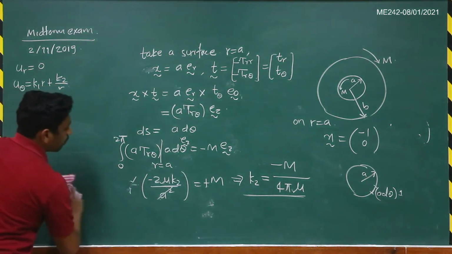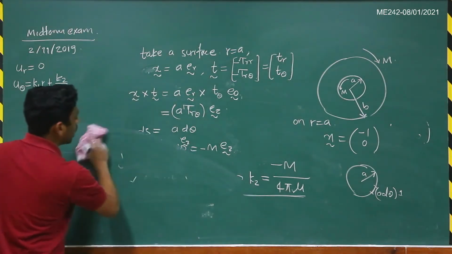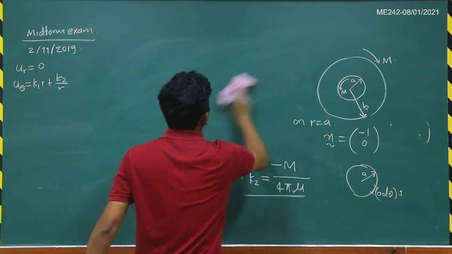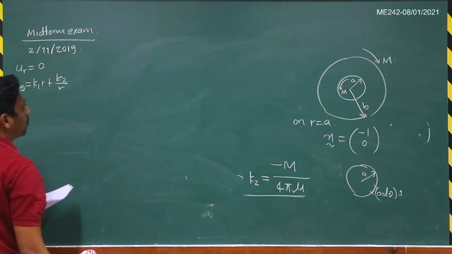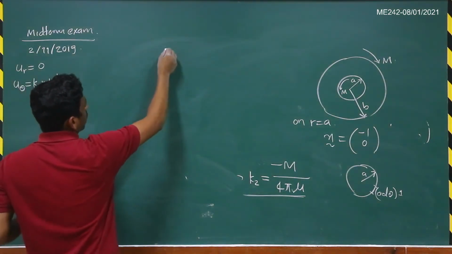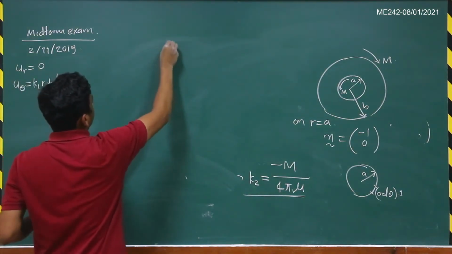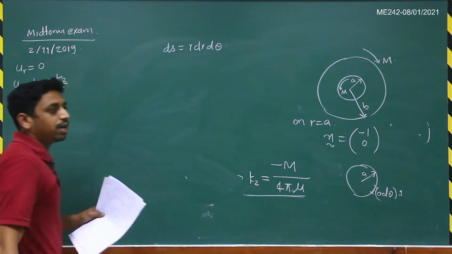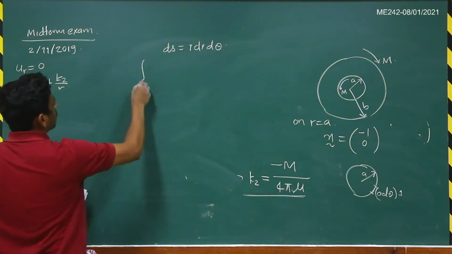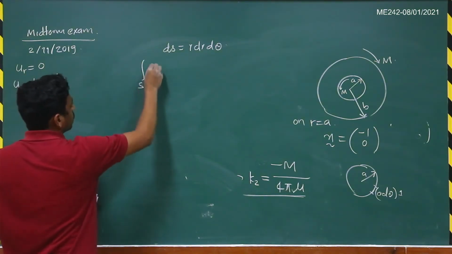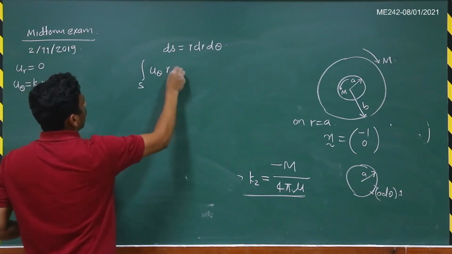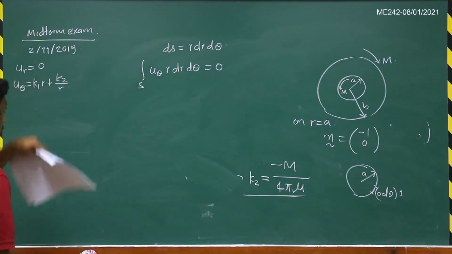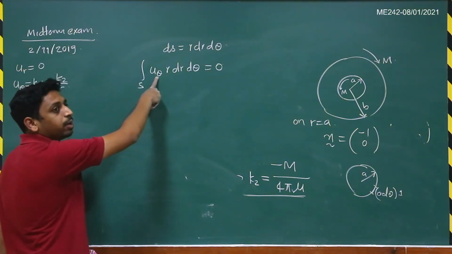Now we use another expression to find the other constant. We are given the condition that the average u theta over the entire two-dimensional domain will be equal to 0. The two-dimensional domain in general will be dr d theta, so we have an expression like the integral over the entire surface of u theta r dr d theta equals 0. Now, u theta is independent of theta.